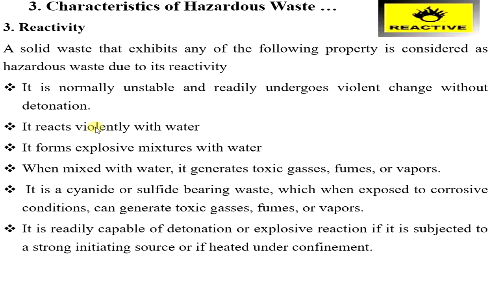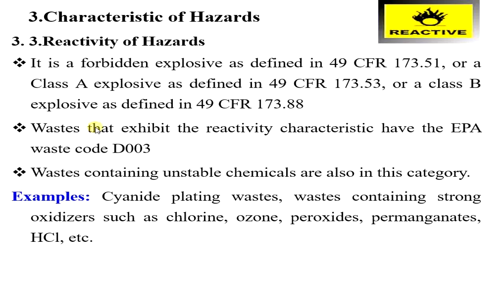It is a forbidden explosive as defined in 49 CFR 173.54, or a Class A explosive as defined in 49 CFR 173.53, or a Class B explosive as defined in 49 CFR 173.88. Waste that exhibits the reactivity characteristic has EPA code D003. Waste containing unstable chemicals is also in this category.